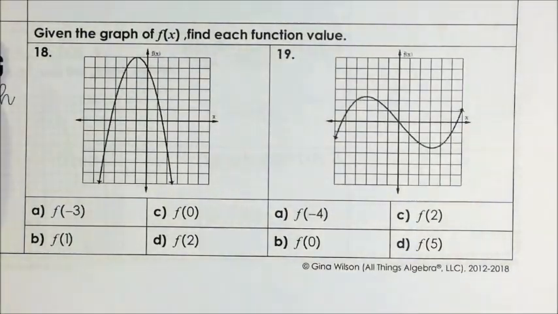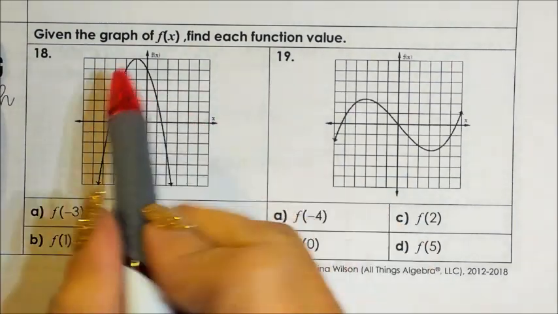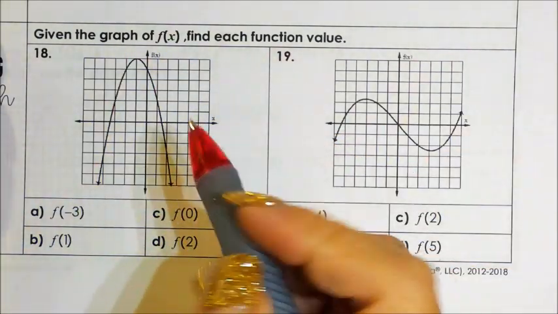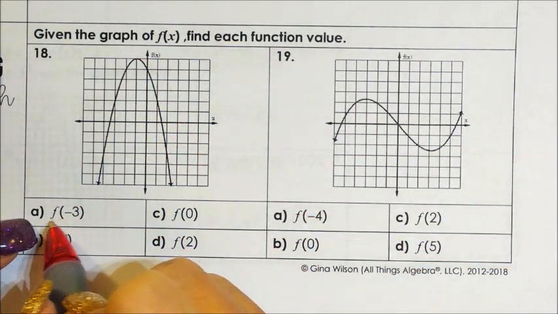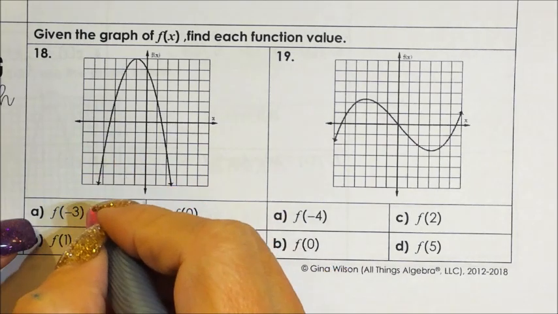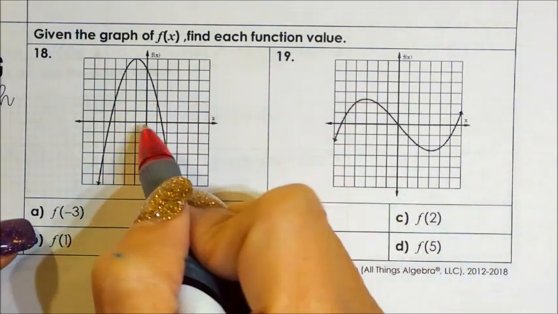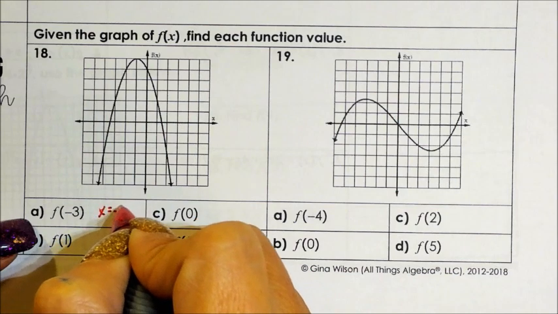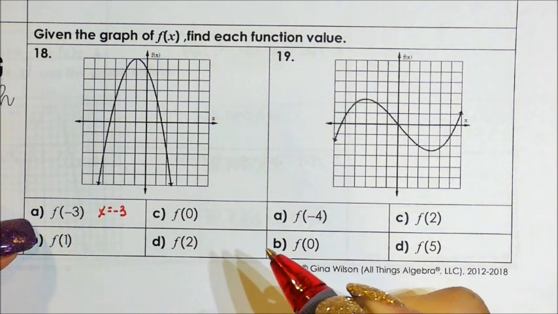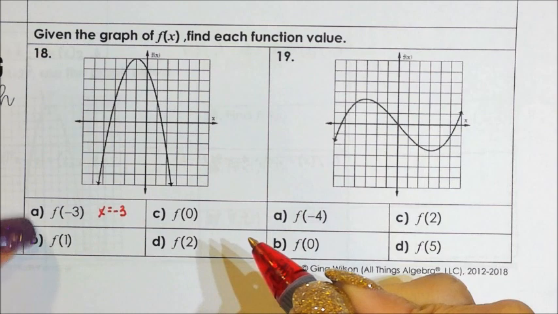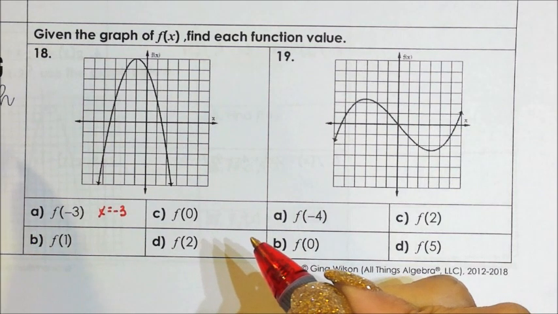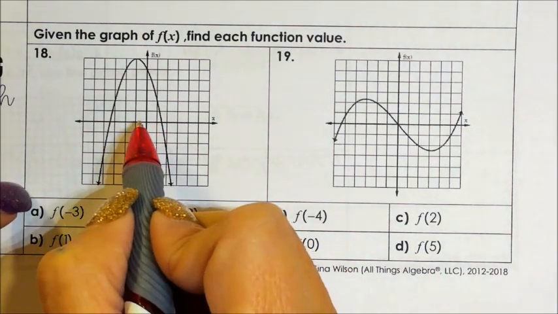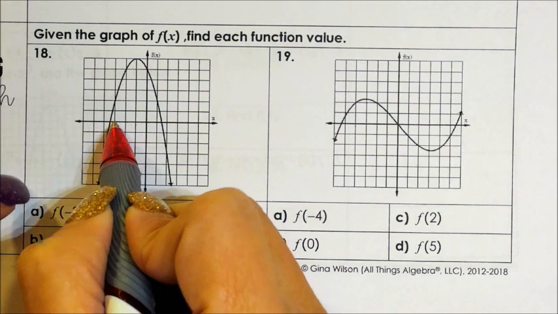Okay, on this one, given the graph of f of x, find the value. So this is saying f of negative 3. So think of it like this. If I go out, this is like x equals negative 3, right? What is the y value? I'm going to go out 1, 2, 3.